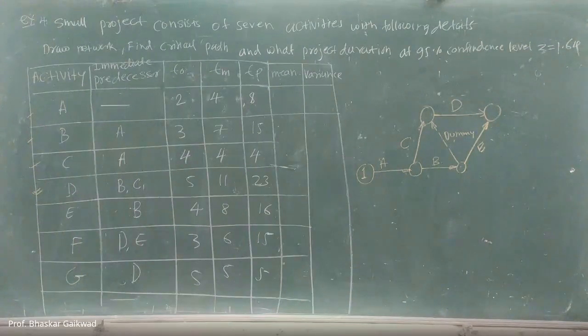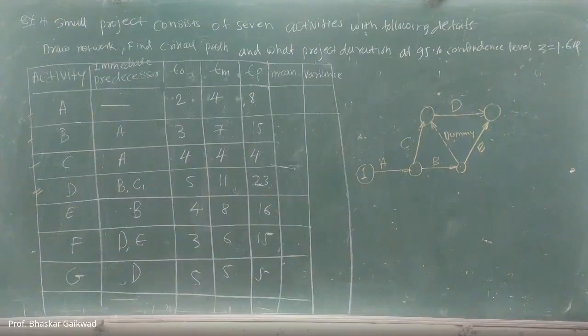How will we make this? So the dummy activity is already joined. D activity will start from B and C. D is okay.